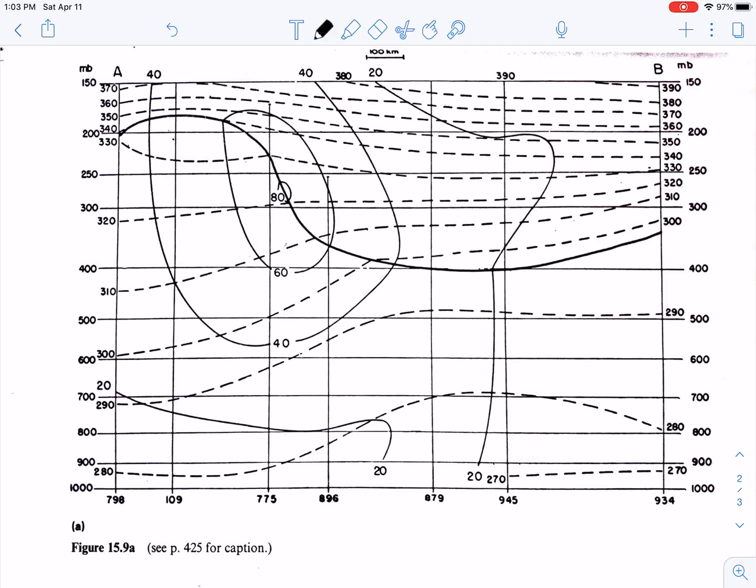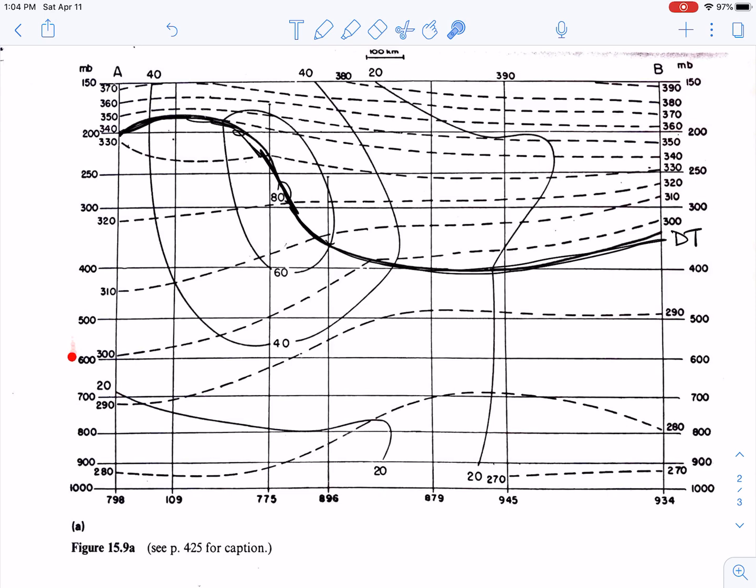Our solid black line here, which I'm going to double highlight, is our tropopause. It's this area up in the upper parts of the atmosphere. This is our dynamic tropopause, or DT. And we see that we have a large inflection here, or a large change in the height of the tropopause.